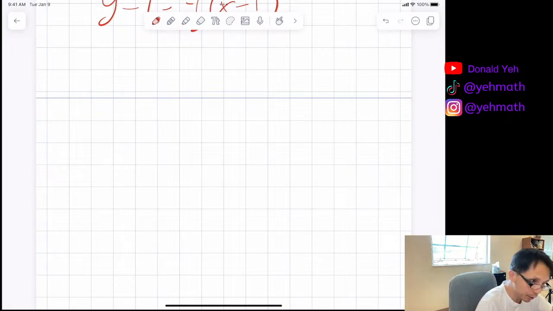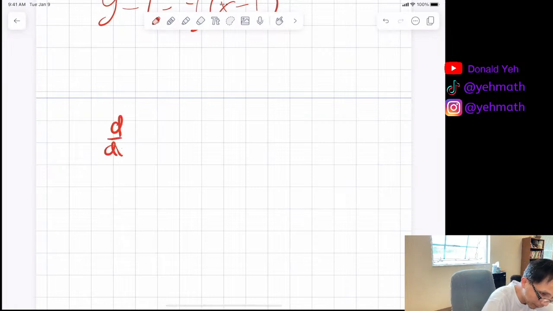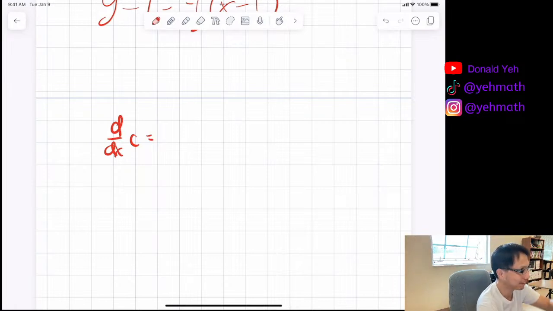First of all, do you know what the derivative of a constant number is? What is the derivative of a constant? 0. Why 0? If it's a constant, it's going to be a horizontal line.